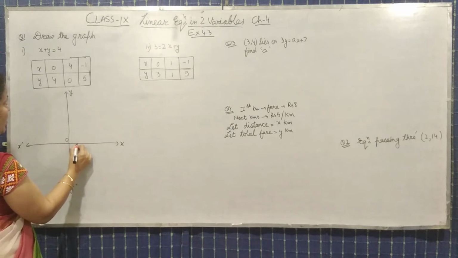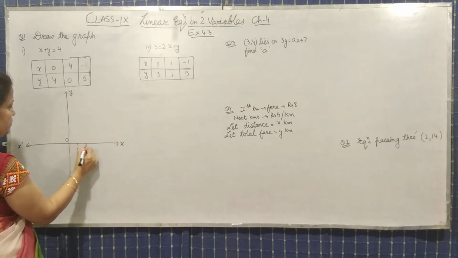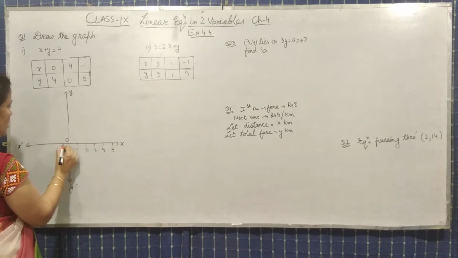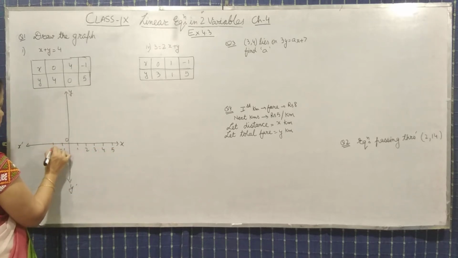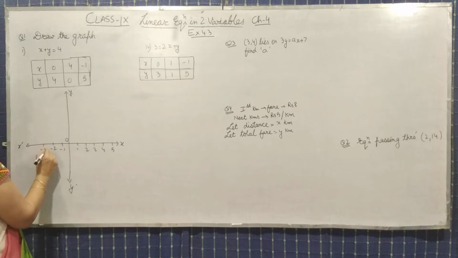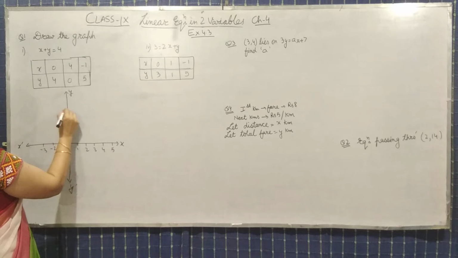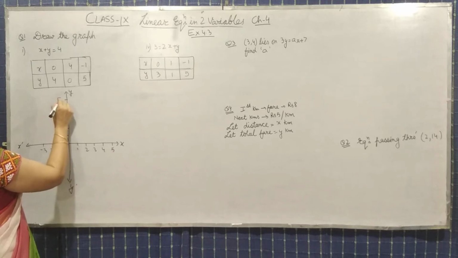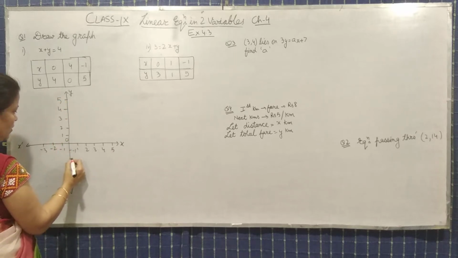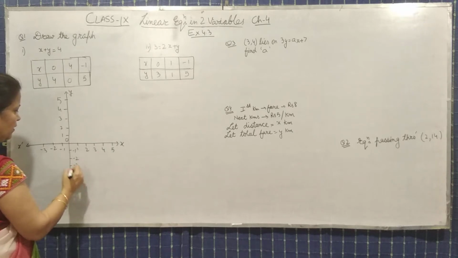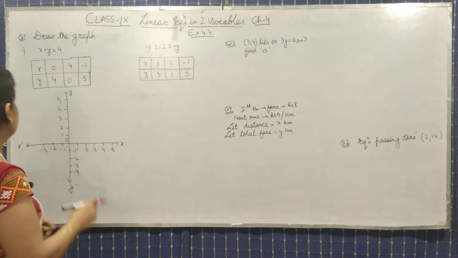So first we will mark them by taking equal gaps or equal divisions, like this. -1. Always do the graph question on graph paper, then you will get the exact answer.